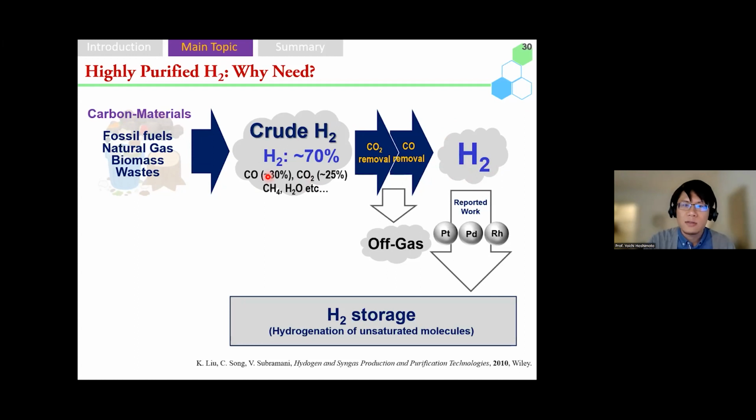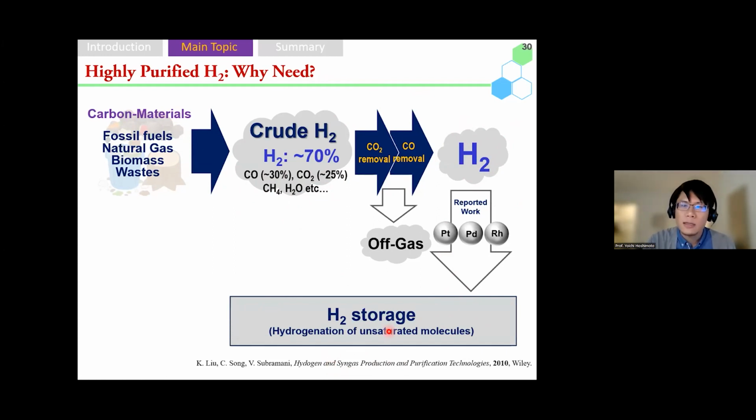In these cases, before use of H2, crude hydrogen including contaminants such as CO, CO2, CH4, H2O, and so on is generated. So we must remove all these contaminants before the use of H2 in the hydrogenation of unsaturated molecules, such as nitrogen for ammonia production, CO2 for methanol production, or fuel cells.